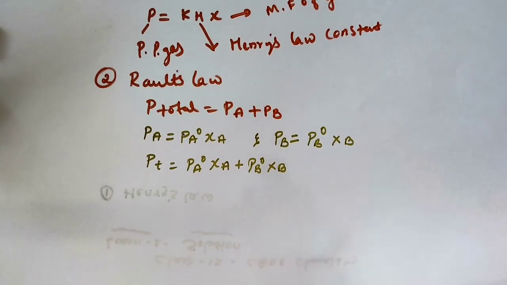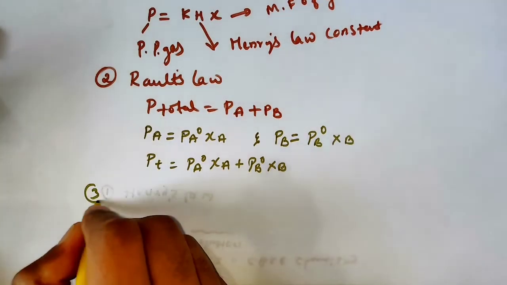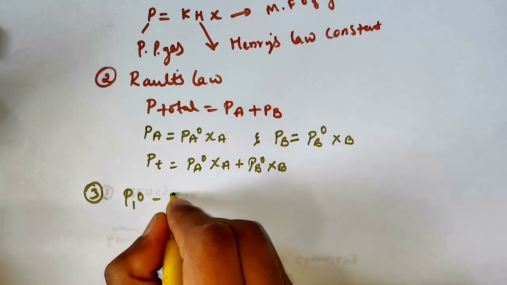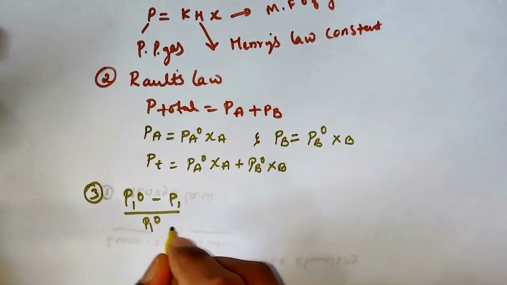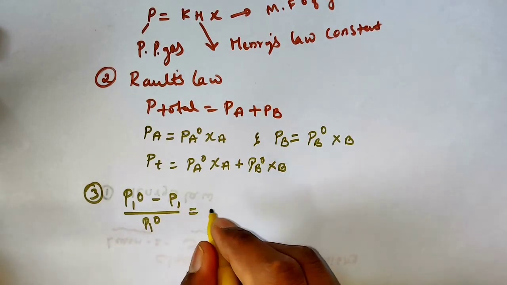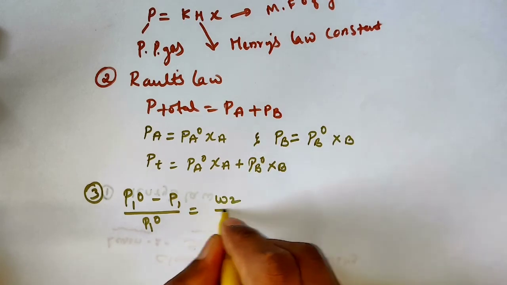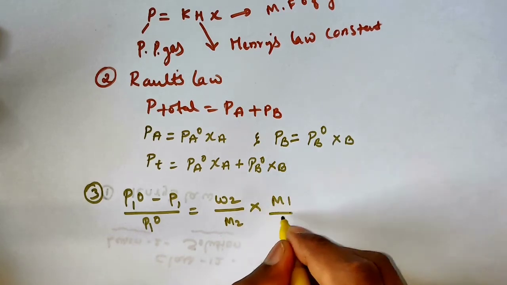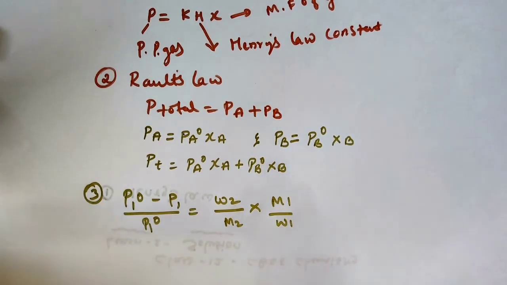The third formula is relative lowering of vapor pressure. In the relative lowering of vapor pressure, we have the equation P1 naught minus P1 upon P1 naught, which we can write as W2 upon M2 into M1 upon W1, where W1, W2 are the weights of solvent and solute, and M1, M2 are the molar masses of solvent and solute.